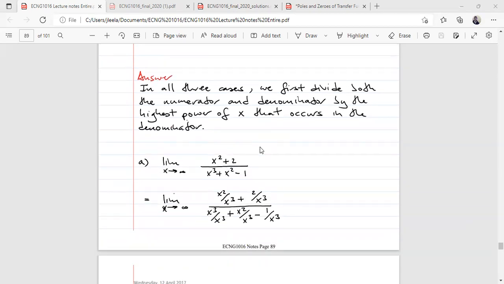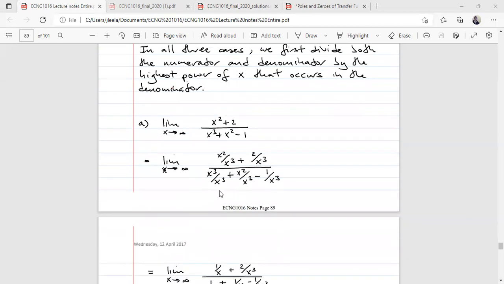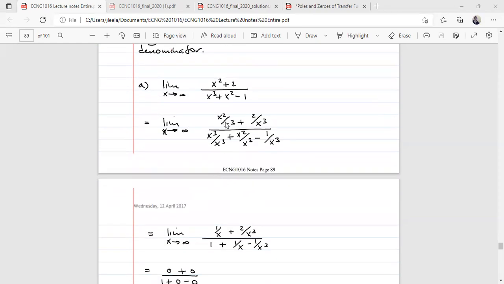So let's look at case A. Here you divide each term by x cubed. So in the first term in the numerator, you'll get 1 over x, followed by 2 over x cubed. The first term in the denominator, you'll get 1. Then the second term, 1 over x, and the third term, 1 over x cubed.